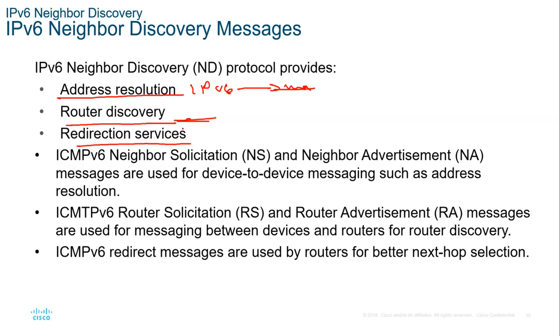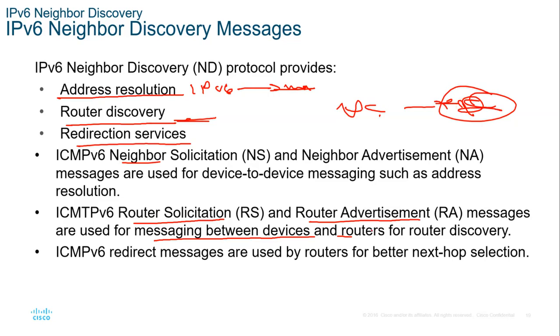Still ICMP version 6 router messages. Here it was neighbor, which is for neighbors, like PC to PC. But now we have router solicitation and router advertisement messages used for messaging between devices and the router, so PC and the router, for router discovery.